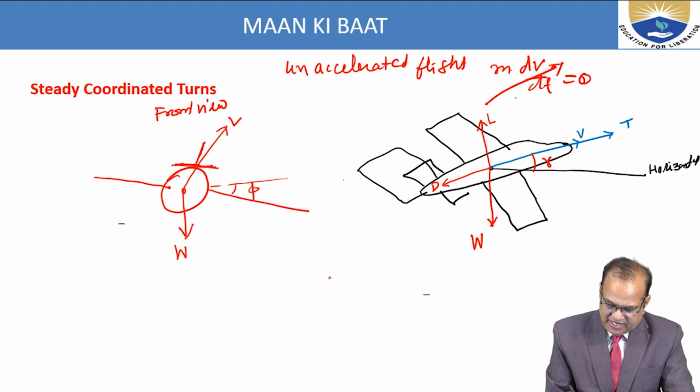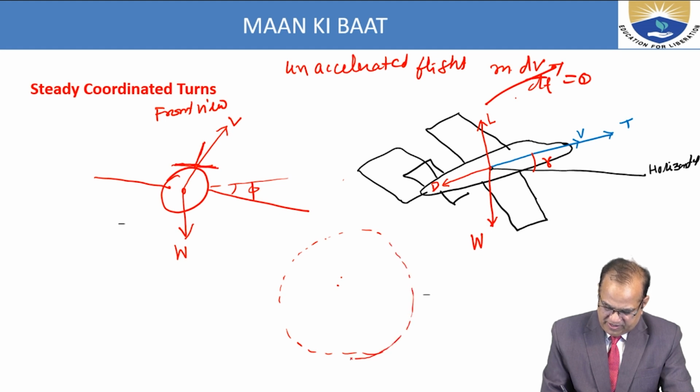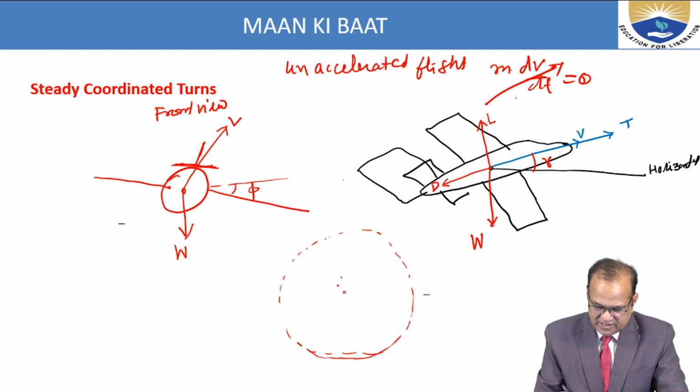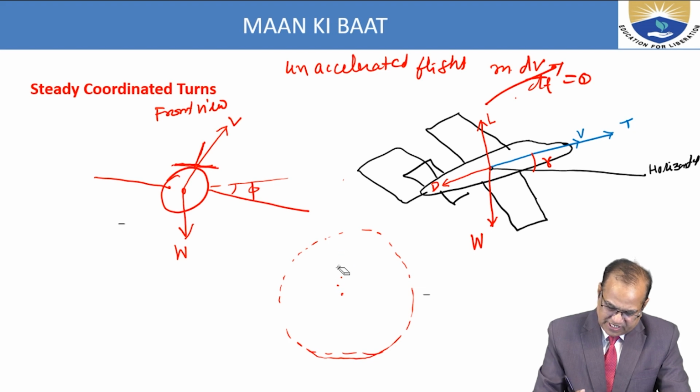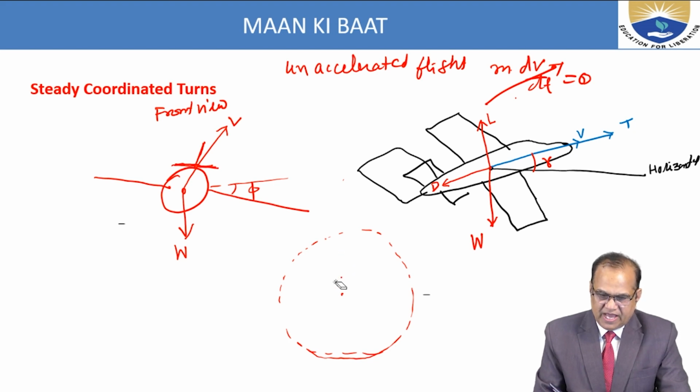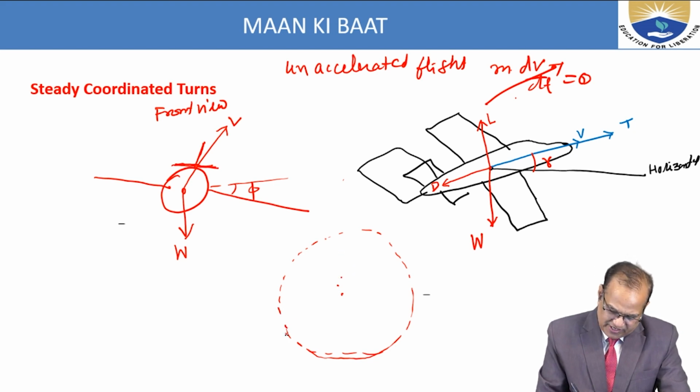If you see here another diagram, this is the center, and the aircraft is turning like this with a radius. I am not able to make an exact circle. This is the circle, and your aircraft is here somewhere. I will draw the aircraft like this with wing and tail.